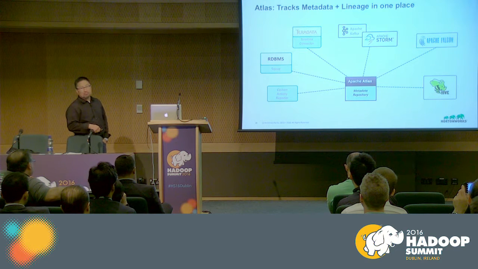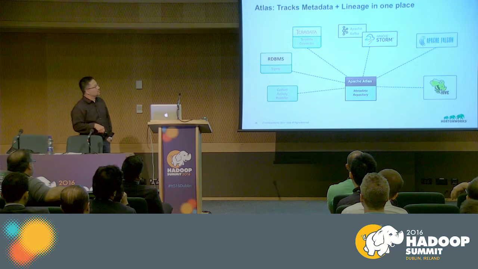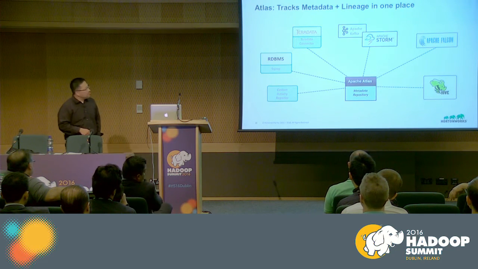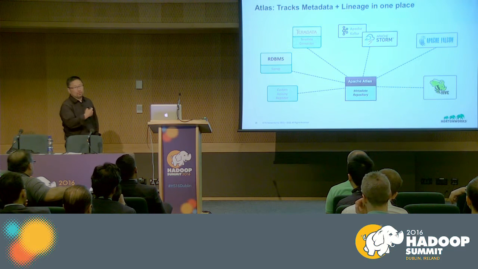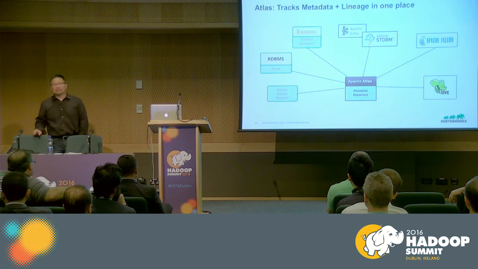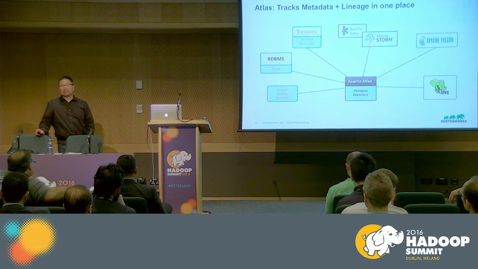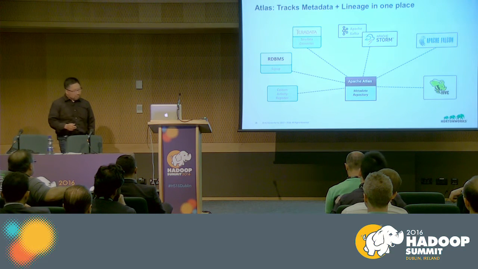Storm has a Kafka bolt, so if you use that route to get your stream processing, we track that as well. And then we have Falcon and Hive, and we actually track lineage going back and forth across them. So this cross-component lineage is actually very unique in that there's no other product that can currently do this set, right? Especially the streaming part right here.